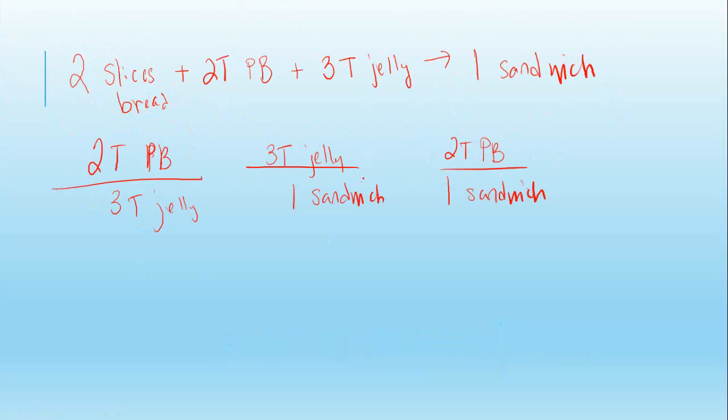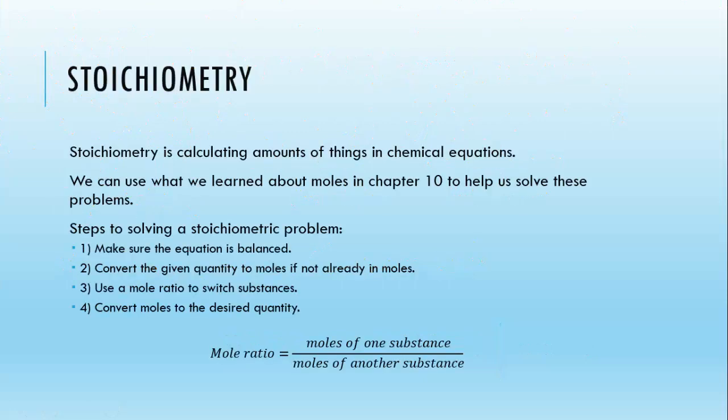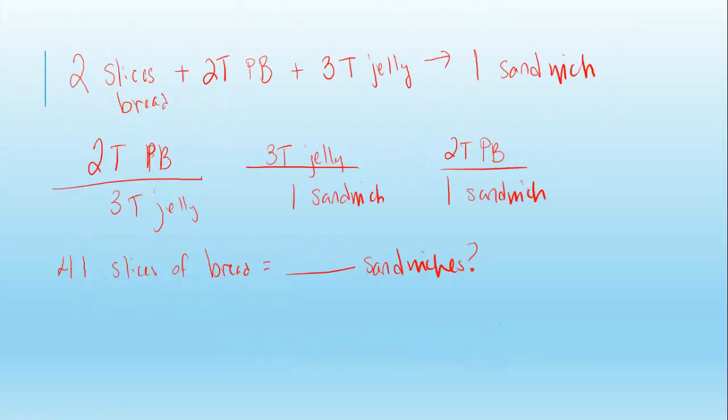So, for example, if we took a question of how many sandwiches we could make with 41 slices of bread, we could totally work this problem out. What we would do is a conversion problem.